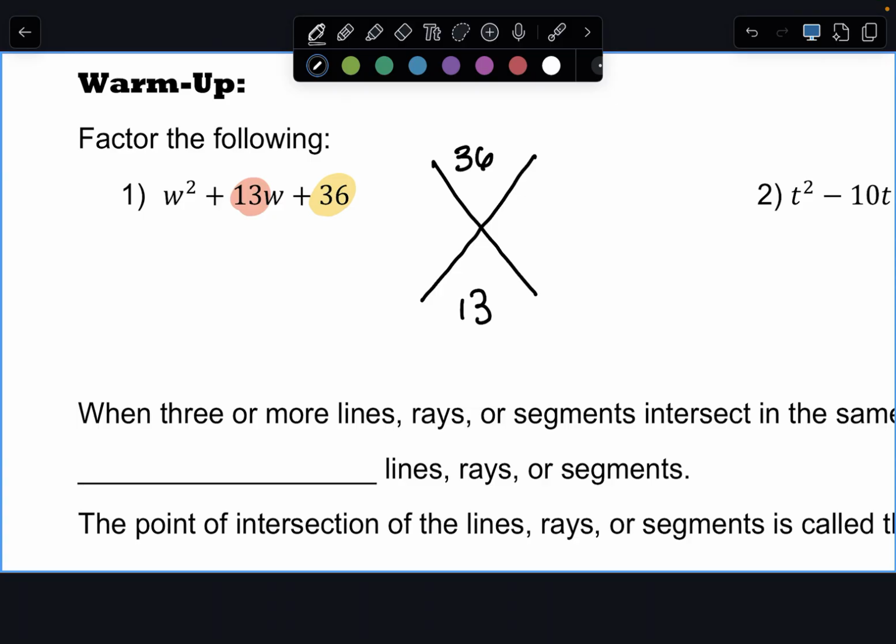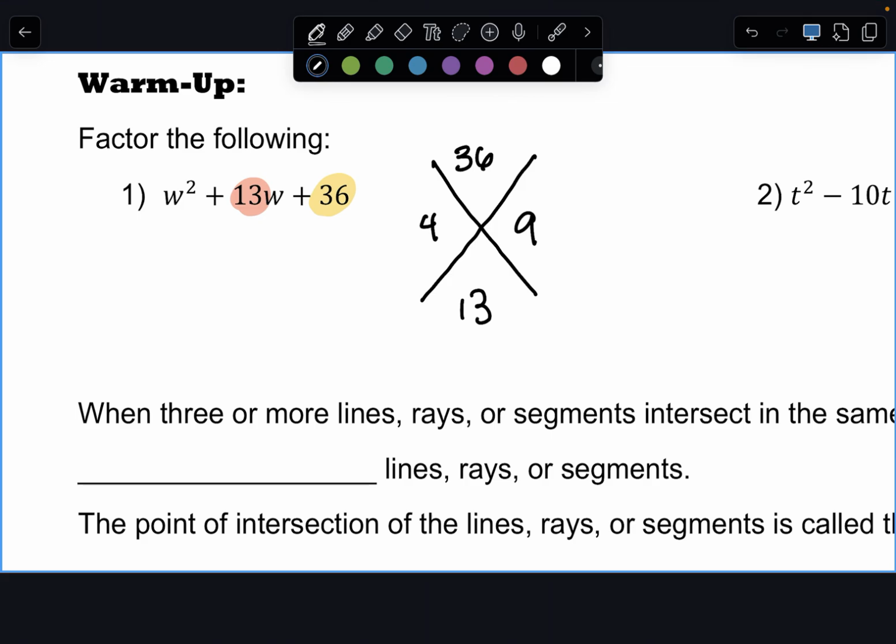No, well, 36 does, yes, but what's another even number? 4. 4 times what is 36? 9. Can 4 and 9 be added to get 13? Yeah, so those are my 2 numbers, 4 and 9.